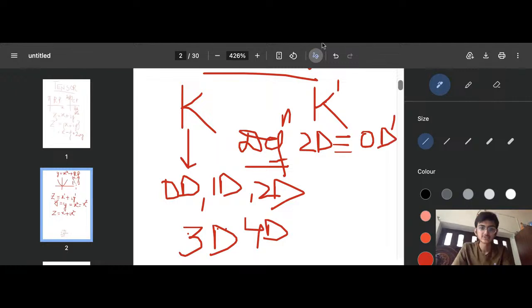Okay, so this is our definition. As I discussed with you, while doing the transformation we need to give a certain condition or definition. So that definition I gave: this 2D system is actually equivalent to 0D dash.